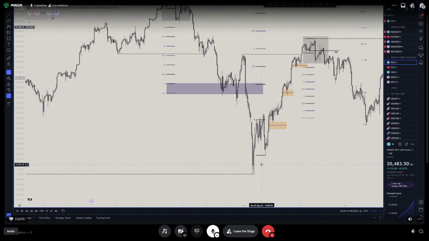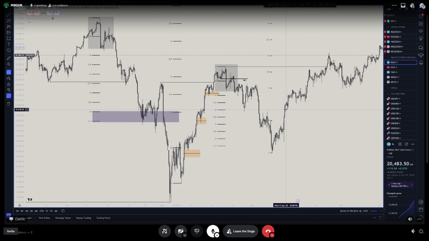Hedging positions, what do you mean? Like buying on Top Step going long and on MFF going short? Is that what you mean by hedging?